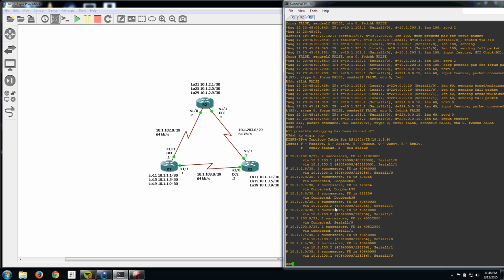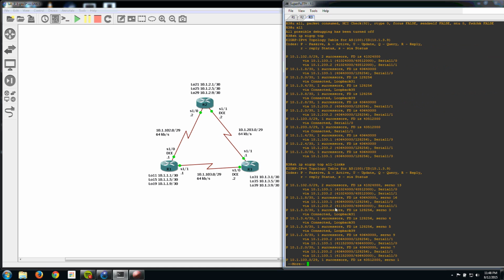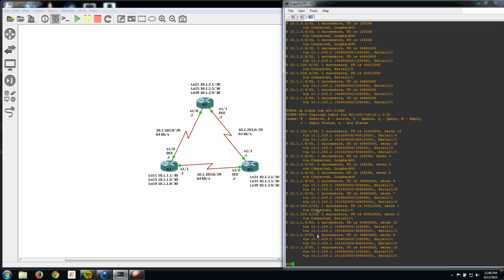So let's do a show IP EIGRP topology all links. Now we're getting a little something more here. Some of these are not getting put in here because we're not quite getting some of these injected into our routing table as a feasible successor. Close.